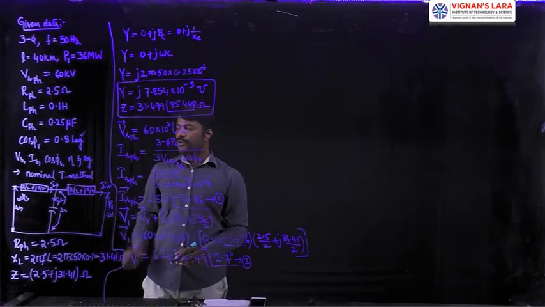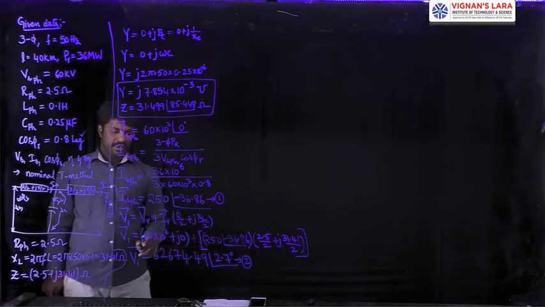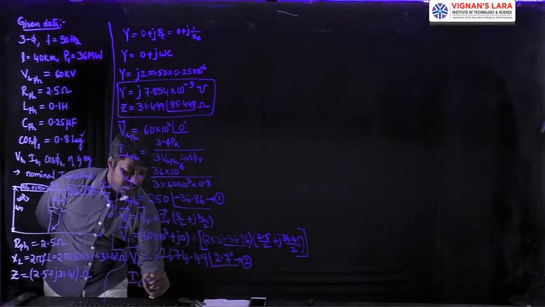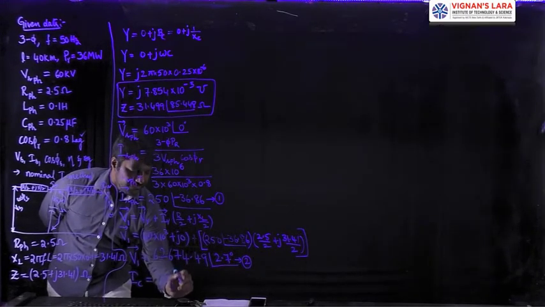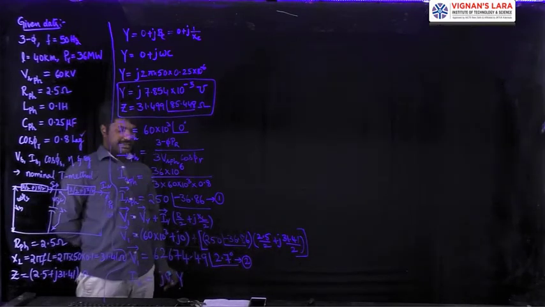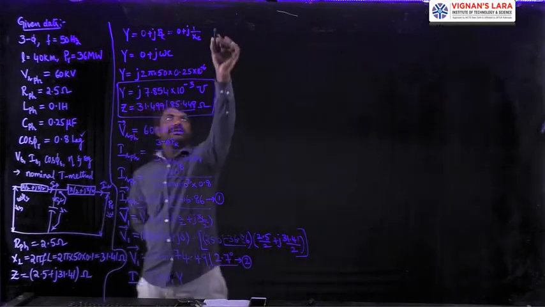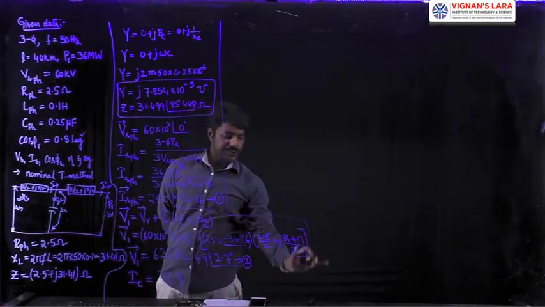Immediately using Ohm's law, I will calculate IC. What is IC then? The current IC is equal to j V1 Y. As simple as that. Let me do that, j V1 Y, for getting the capacitive current.